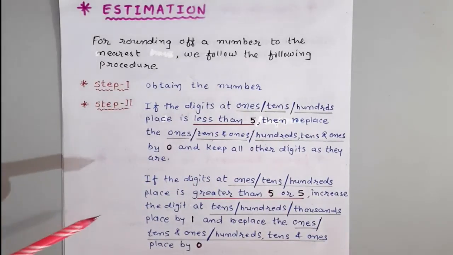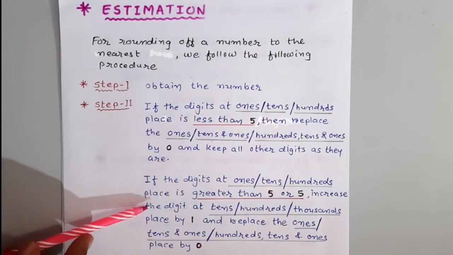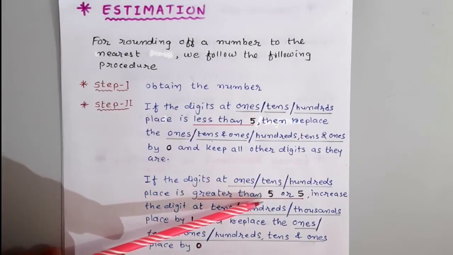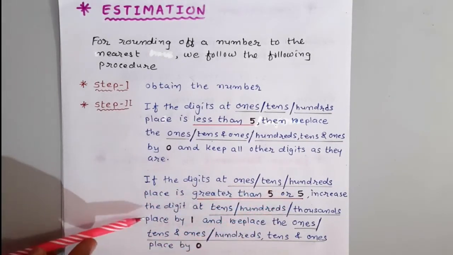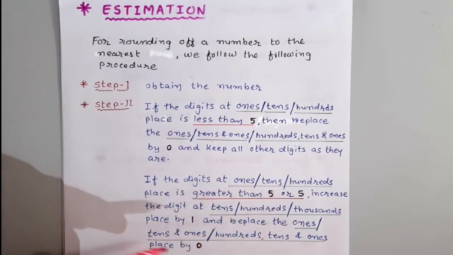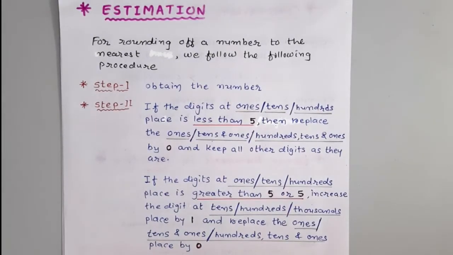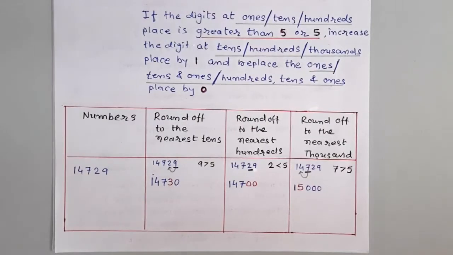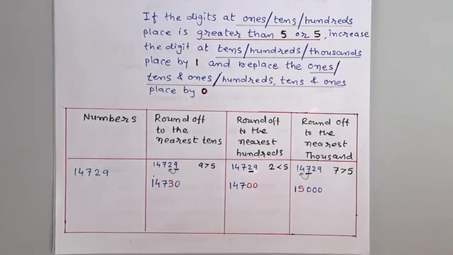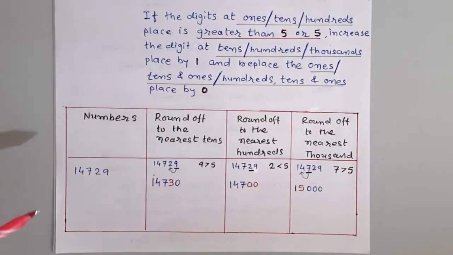And if the digit at the ones, tens or hundreds place is greater than or equal to 5, increase the digit at the tens, hundreds or thousands place by 1 and replace the ones, tens or hundreds digit by 0. Let's understand this estimation with a few examples.